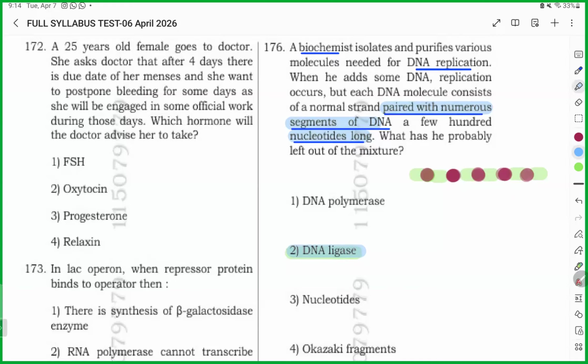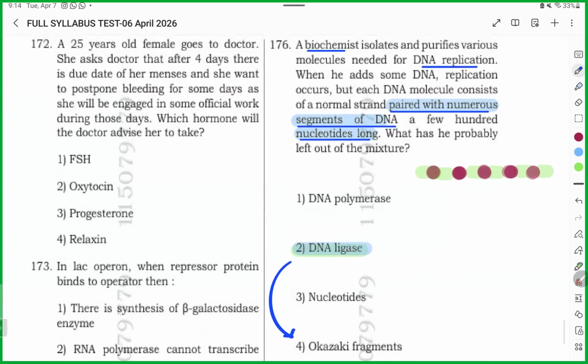Polymerase causes Okazaki fragments, and Okazaki fragments require DNA ligase to be joined. Yes. And nucleotides are just adenosine and all that? ACGT. Yes.